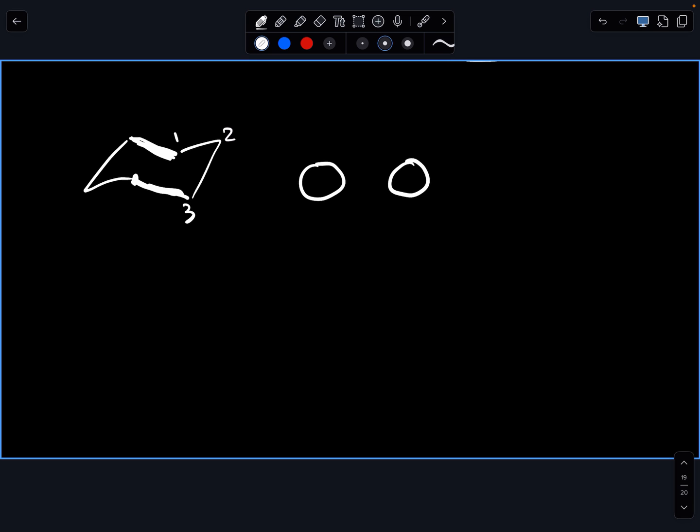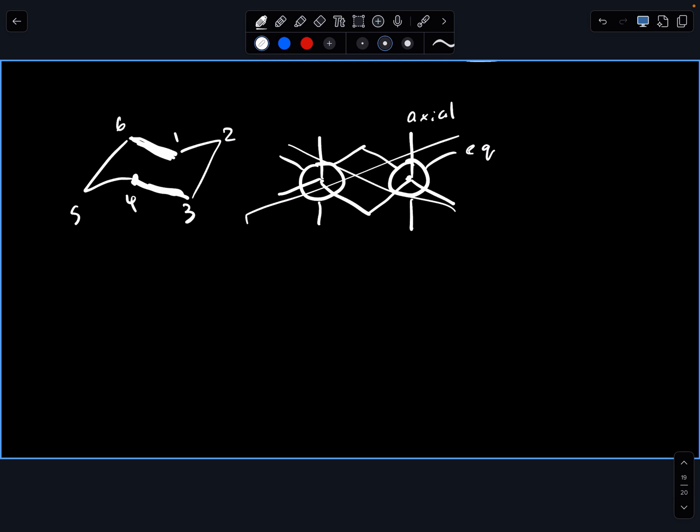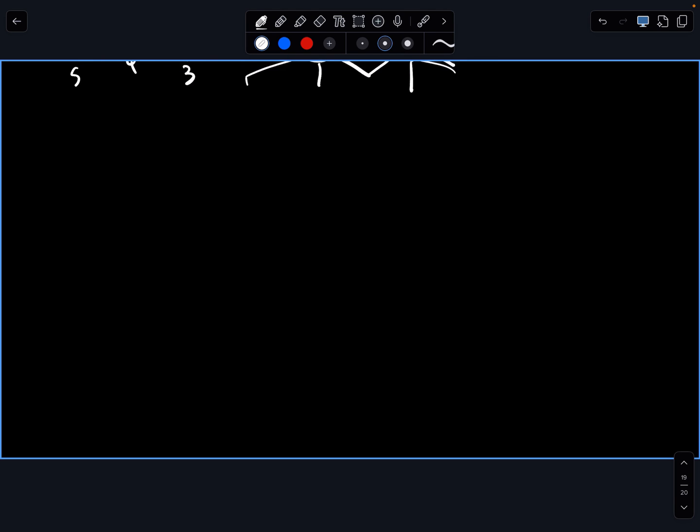And then this would be 2, 3, 4, 5, 6, and 4 and 6 are in the middle. And you get, how do you like that one? And then we have your axial, you have your equatorial. I guess it's possible to make a Newman projection where you do something like this.